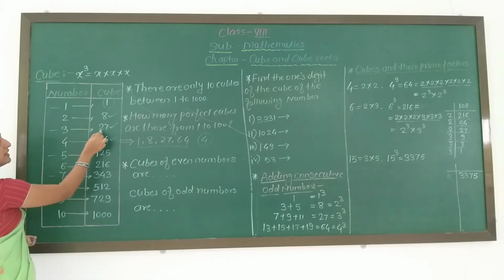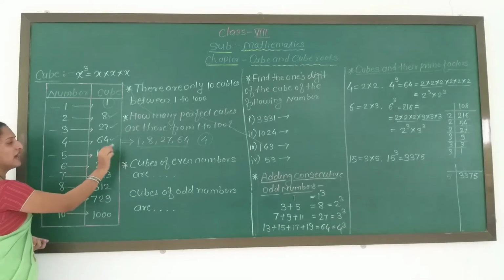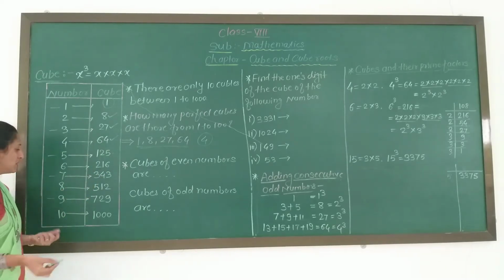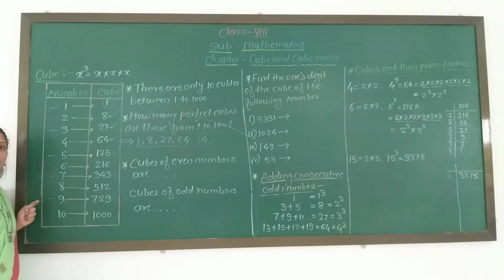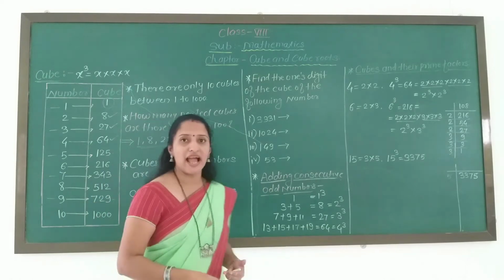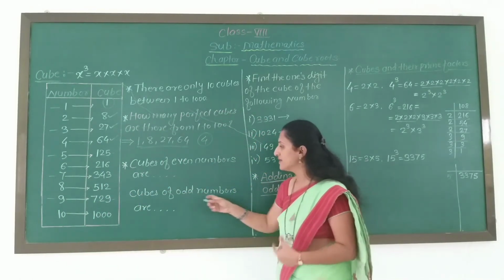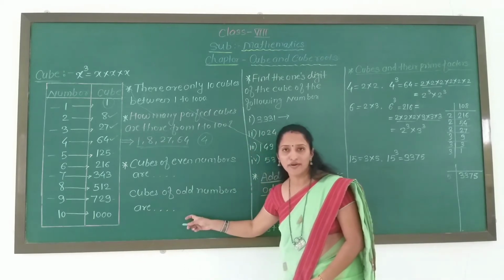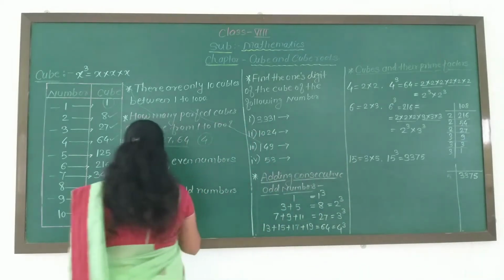Again cube of 3 is 27. 27 is also an odd number. Cube of 5 is 125 and 125 is an odd number. Cube of 9 is 729. It is also an odd number. So from this we can conclude that yes, right, cubes of odd numbers are odd. Correct?